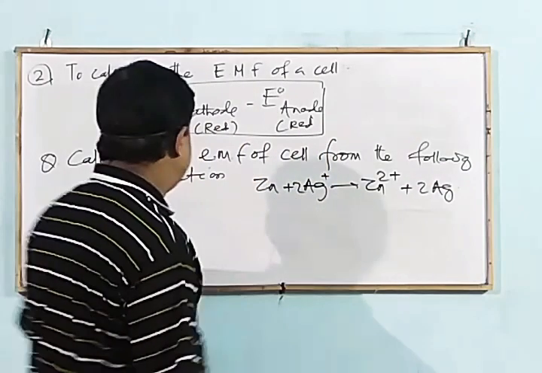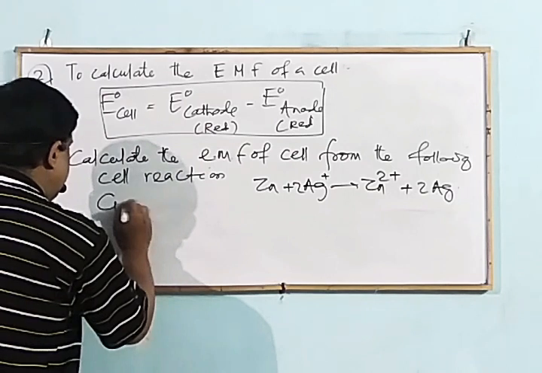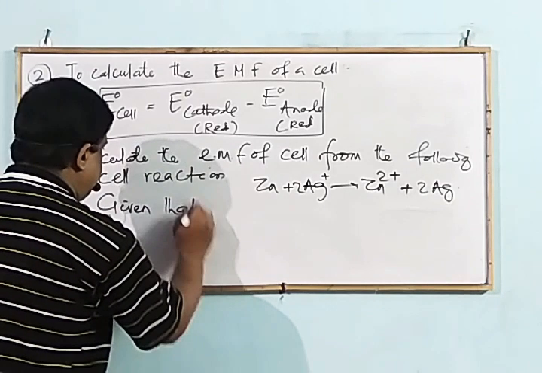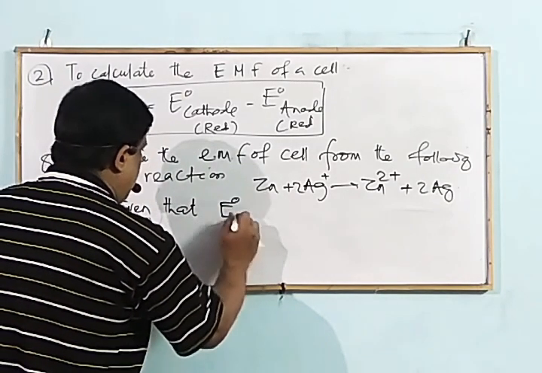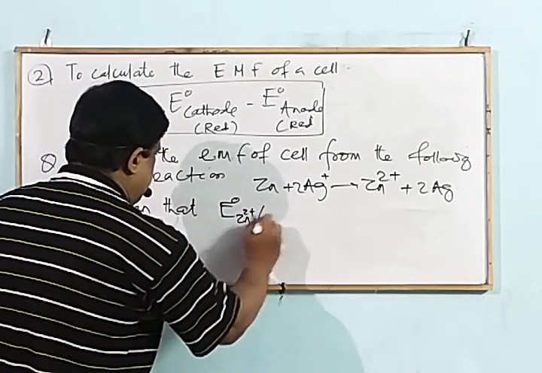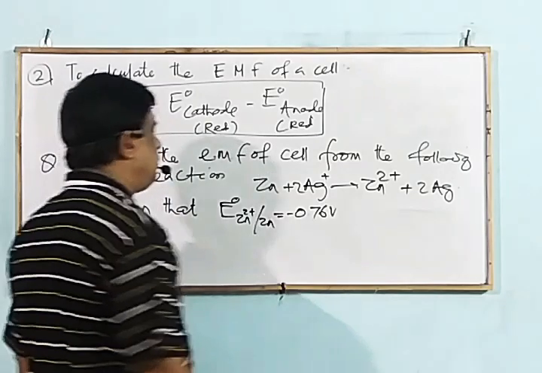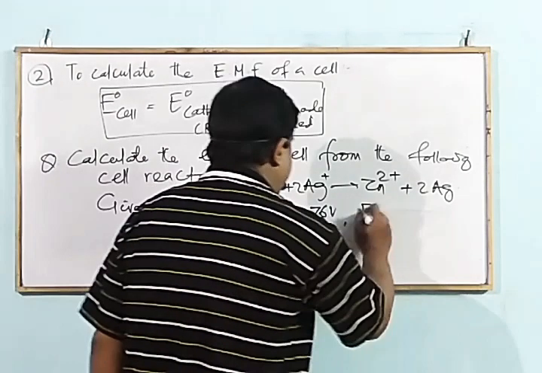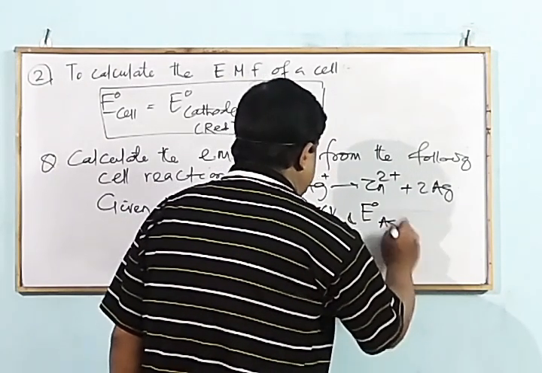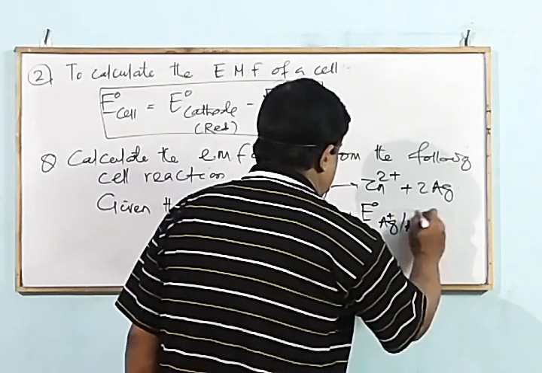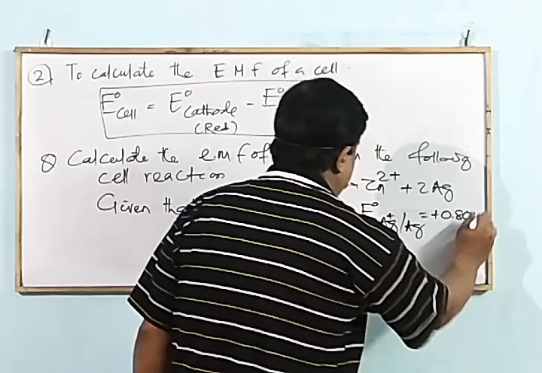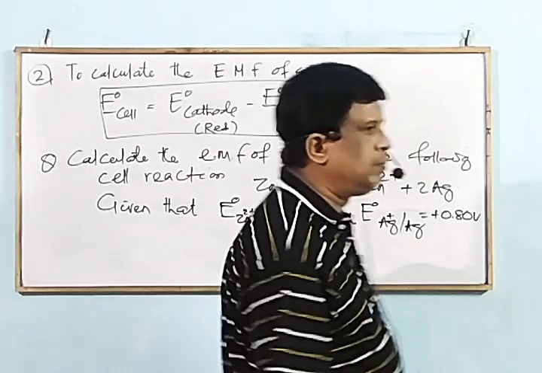The cell reaction is given, along with E of Zn 2 plus slash Zn equal to minus 0.76 volt and E of Ag plus slash Ag equal to plus 0.80 volt. This is the question.